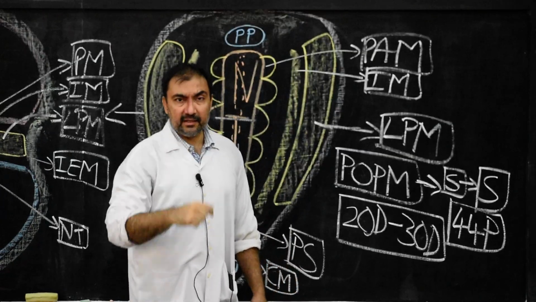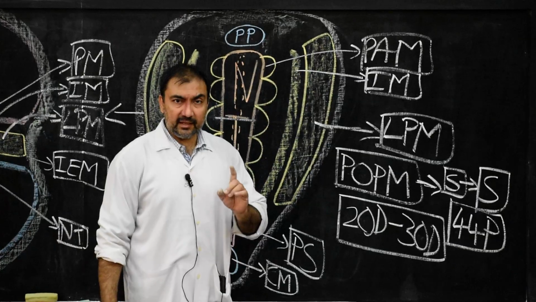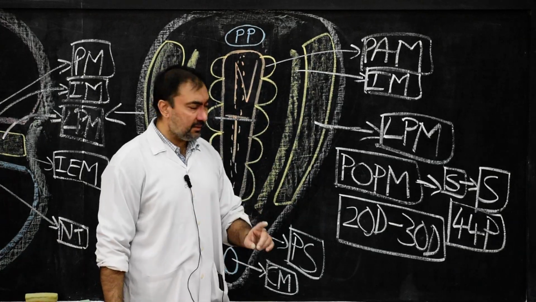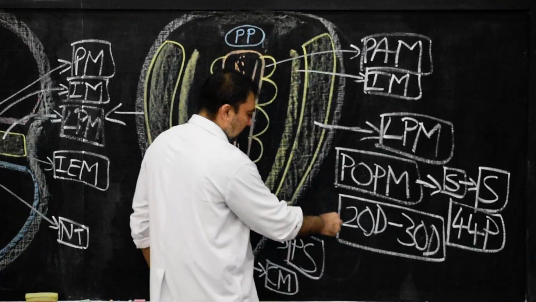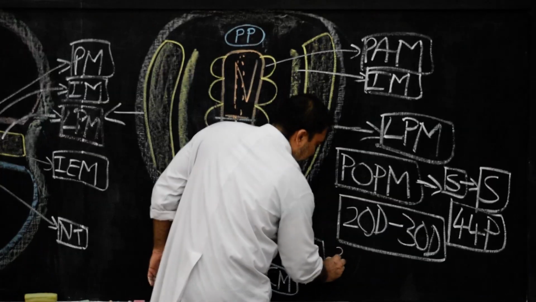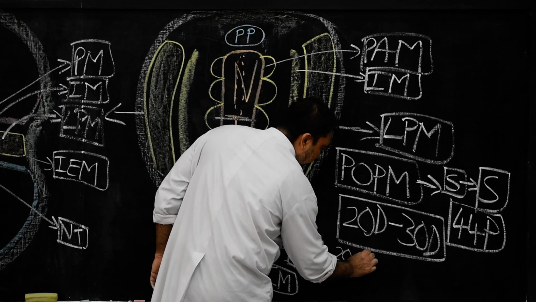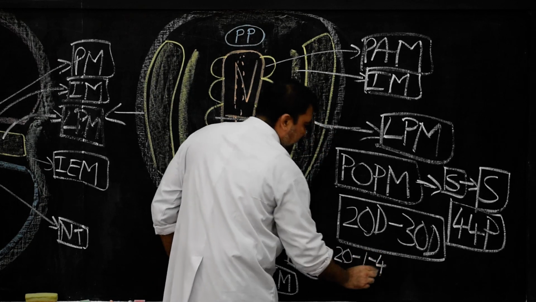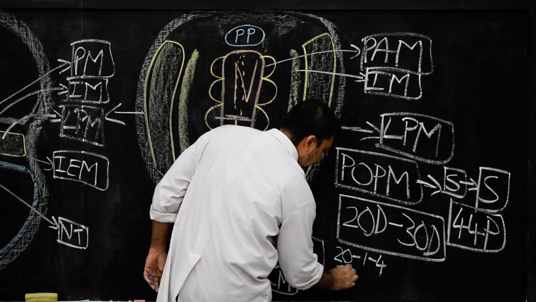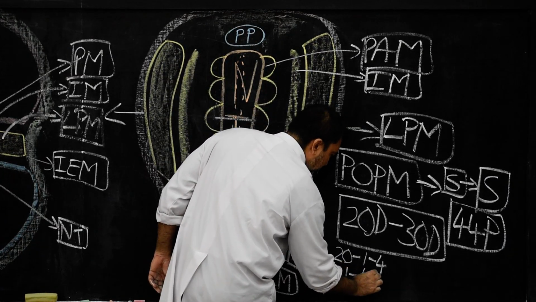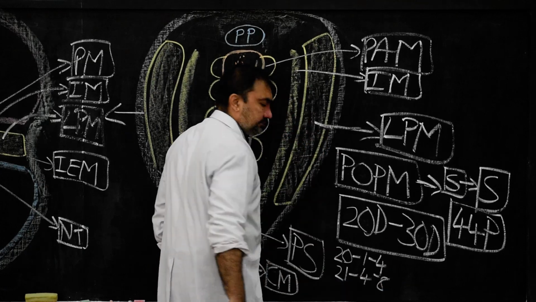How do you determine the age? Here you have to mention the age of the embryo is determined by the number of somites present. On the 20th day, the number of somites will be 1 to 4 pairs. On the 21st day, the number of somites will be 4 to 8.